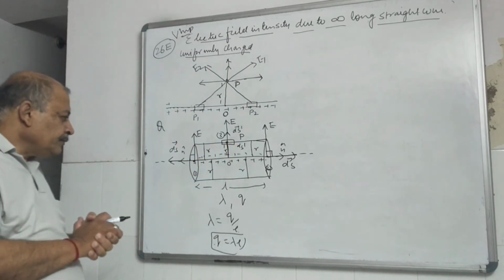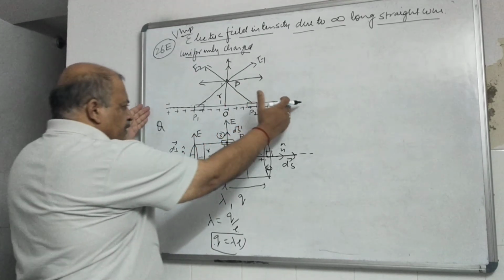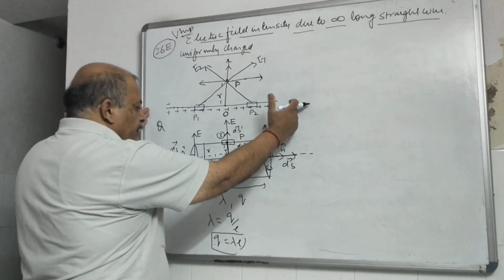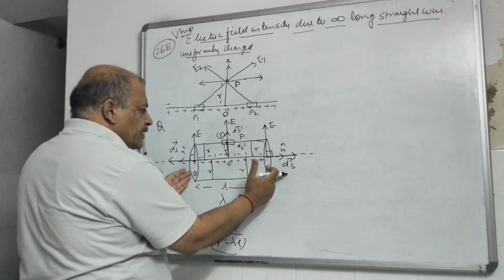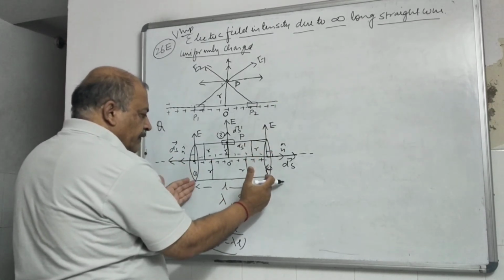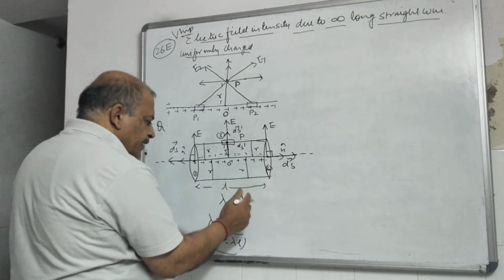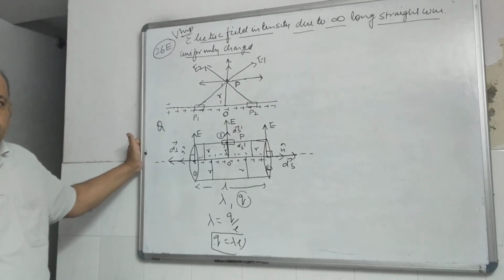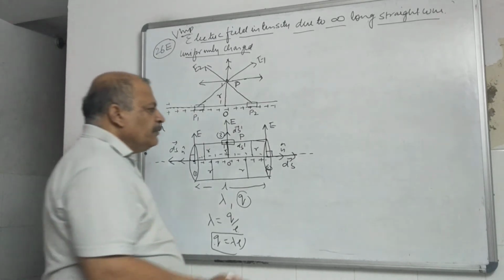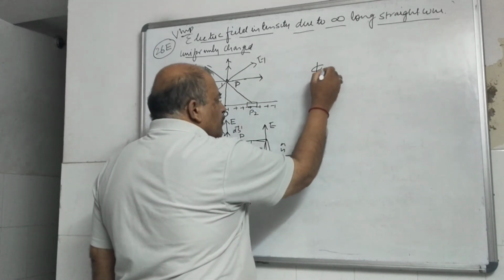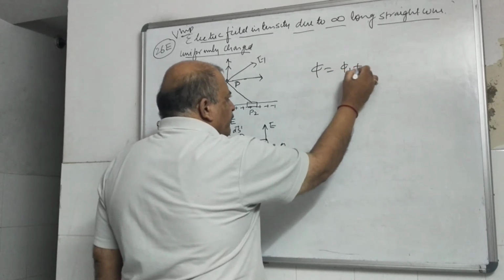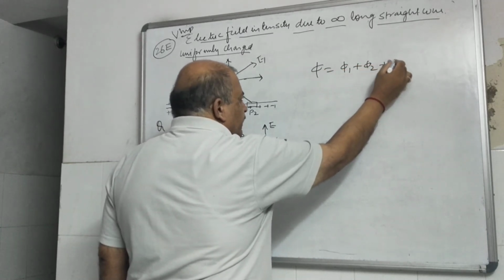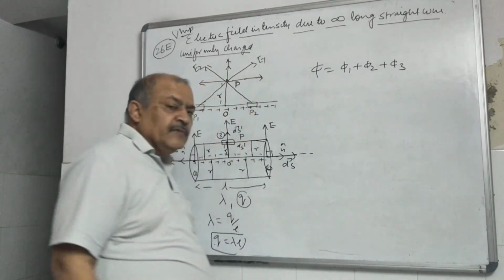Right? Now out of this entire long straight wire, we have taken this as a Gaussian cylindrical surface of length L. This is enclosing charge Q out of capital Q. So what will be the value of net flux which will come out of this Gaussian surface? Phi 1 plus phi 2 plus phi 3. Right?